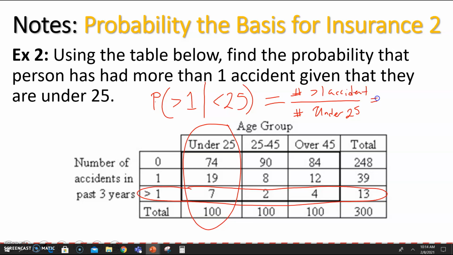If we look here in our chart, we can see that there are 7 people that got in more than one accident, and of the 100 people that are under 25, which is very simply 7%. And that's it.